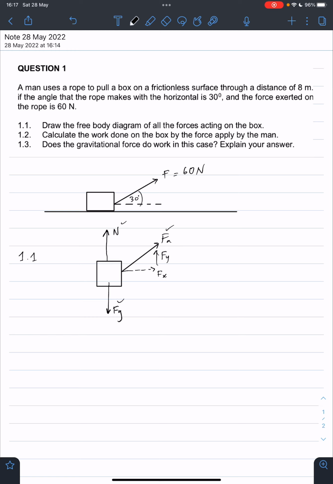But this is not the free body diagram. If you want to represent this with the free body diagram, remember you have to label this as your normal force, this is the gravitational force, and this is your applied force.